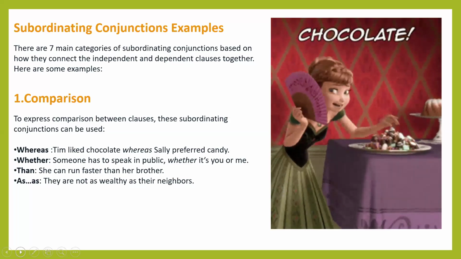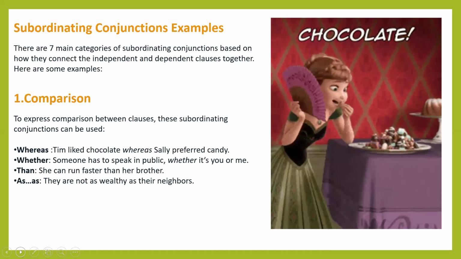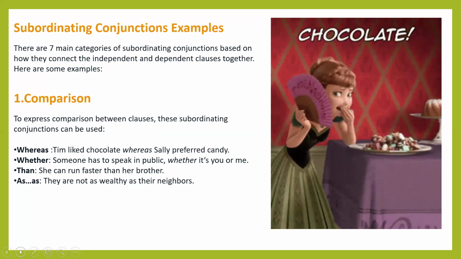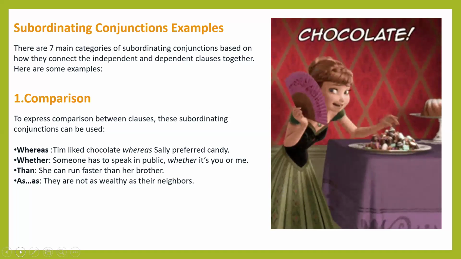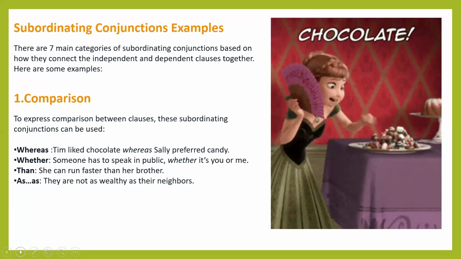She can run faster than her brother. Than is a subordinating conjunction. And all these, whereas, whether, than, as, are showing comparison. They are not as wealthy as their neighbors. So it's showing comparison, and as is a subordinating conjunction in this place.